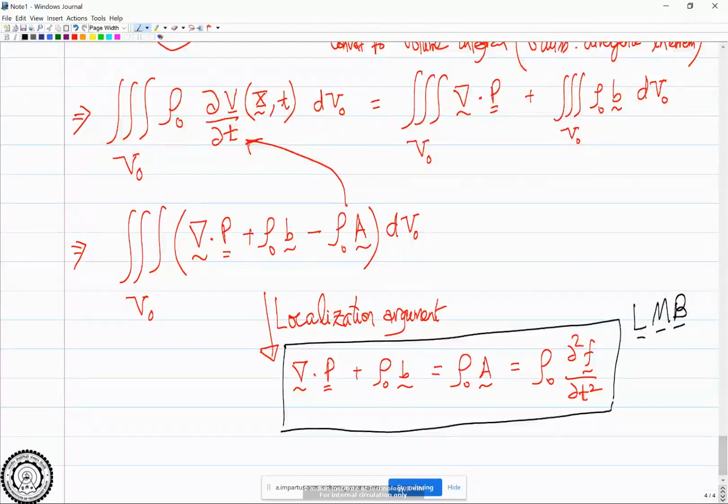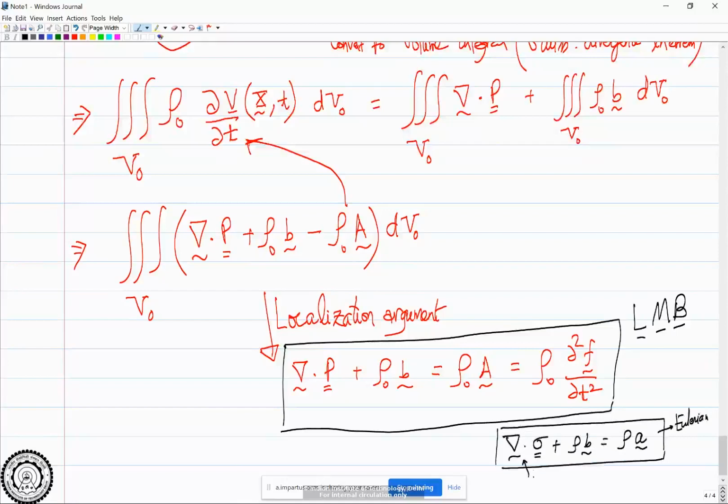Any query? And its Eulerian form is also similar, and it turns out to be divergence of sigma plus rho b is equal to rho times acceleration. This is Eulerian, and you have to remember that this is Eulerian divergence. So you can see this form is similar.